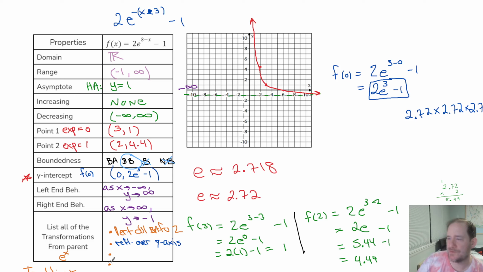So the -3 will translate us right, so translate 3 units right. And then translate 1 unit down. And that's finally everything.